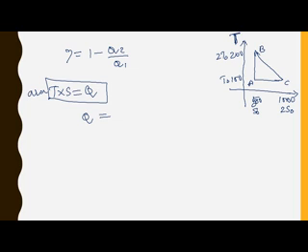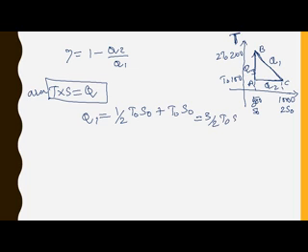Q1, Q2, Q3. Q1 is equal to the triangle, half of T0 S0, with base S0 and height T0, plus T0 into S0, the rectangle. This is also 3 by 2 T0 S0.